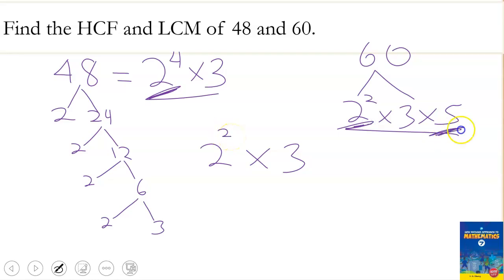We can't take 5 because 5 is not common to both sides. So we just multiply this, and that becomes our highest common factor. That will give us 4 times 3, which is 12. So the highest common factor for 48 and 60 is 12. What it means is that 12 is a factor of 48 and 12 is a factor of 60. We have other factors, but the highest of them will be 12.